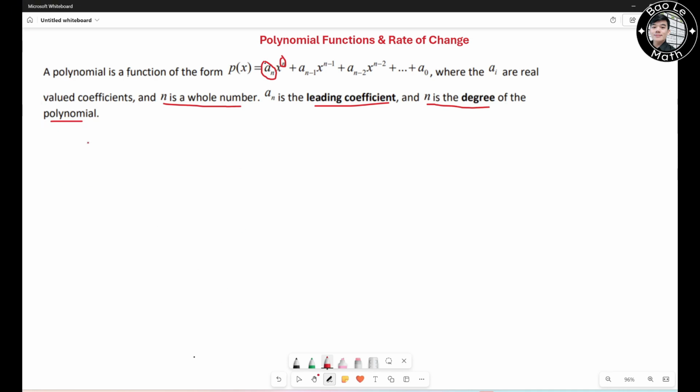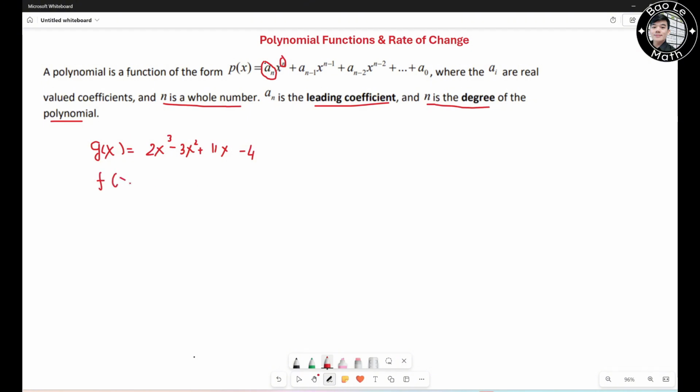The following are examples of polynomials. P of x is 2x cubed minus 3x squared plus 11x minus 4.